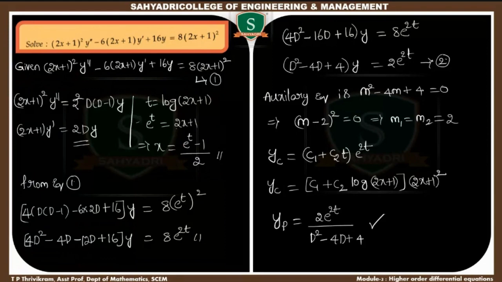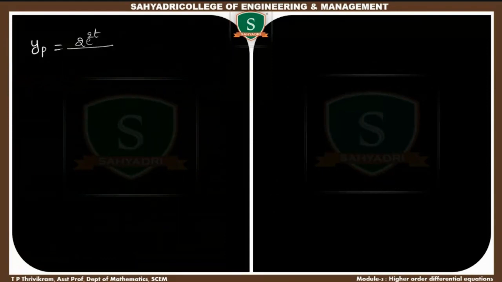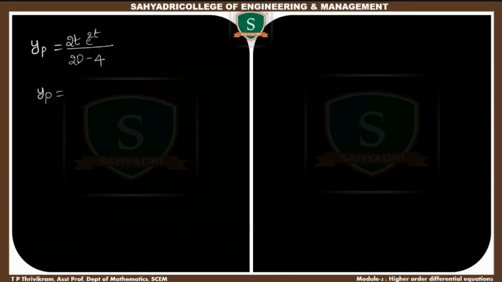Okay. At that time what do we need to do? When you get 0, you need to multiply with t and differentiate the denominator. So 2d minus 4 we will get. Next, yp is equal to, again if you substitute 2 in the place of d, you are getting 0.